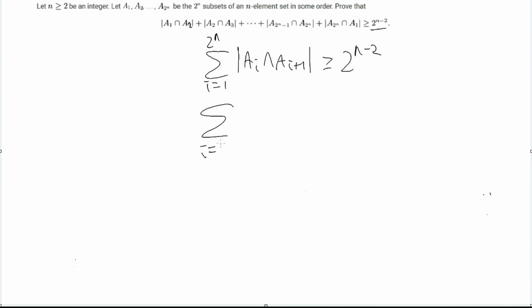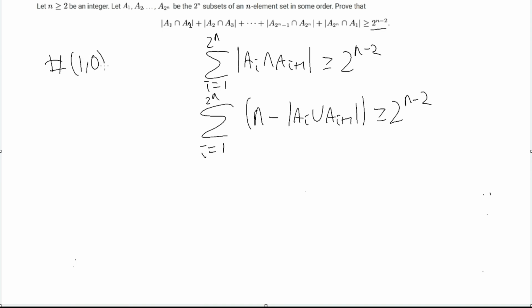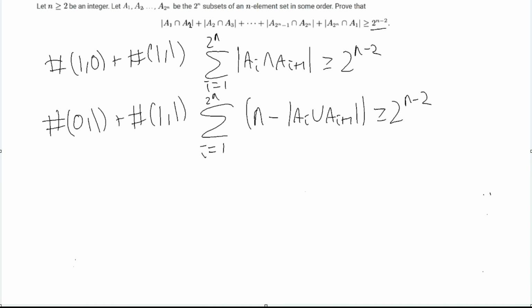So then, i equals 1 to 2 to the n of n minus ai union ai plus 1 is greater than or equal to 2 to the n minus 2. And this one here counted number of 1, 0 plus number of 1, 1. While this one here counted number of 0, 1 plus number of 1, 1.